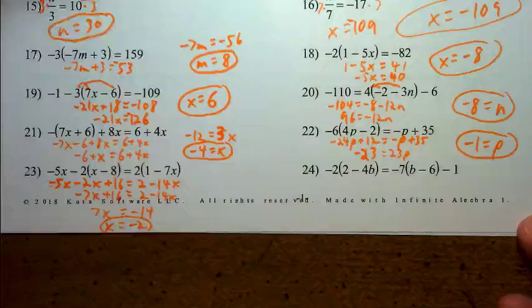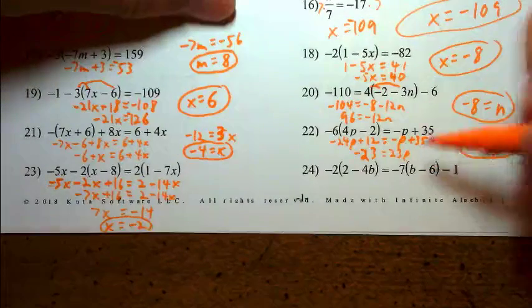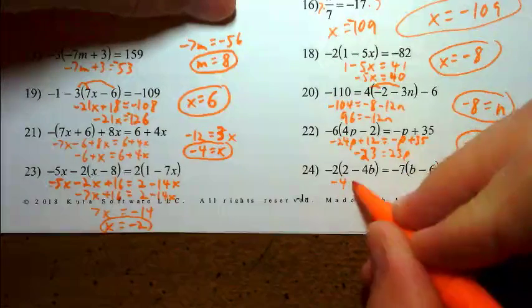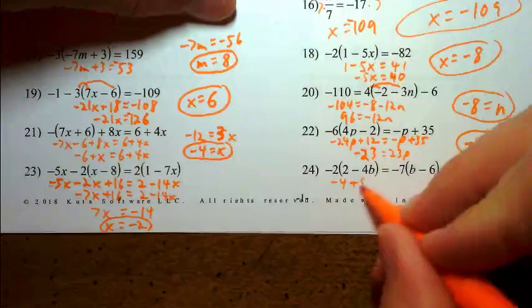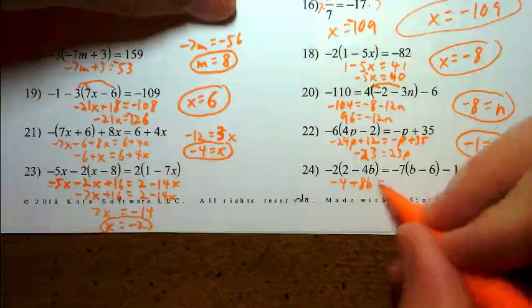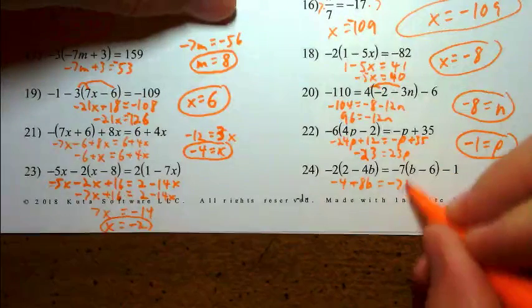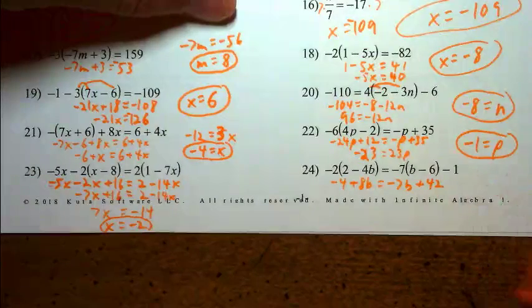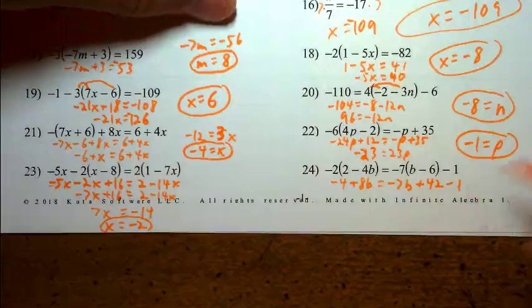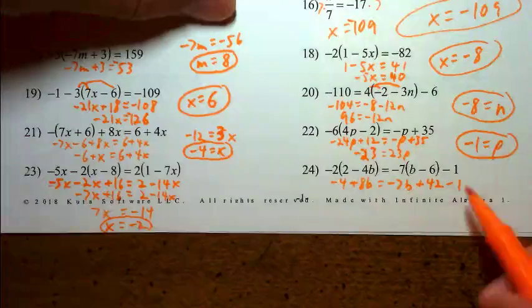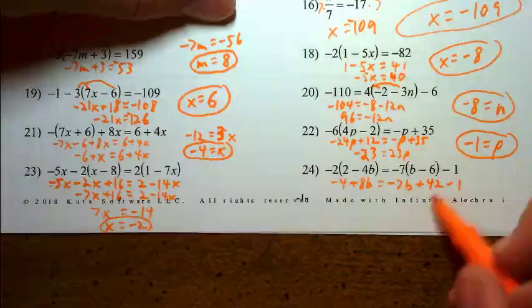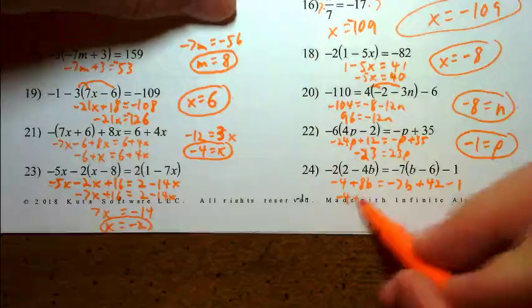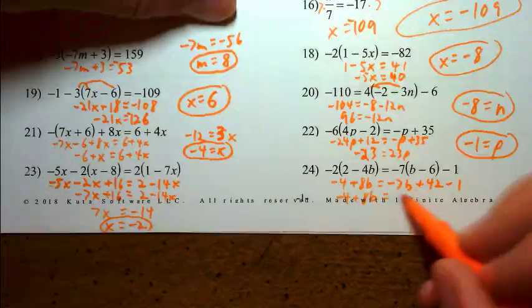On 24, again, distribute on both sides. So we get negative 4 plus 8b equals negative 7b plus 42 minus 1. We can go ahead and combine those two like terms over here. So I'm not changing anything on the side yet.